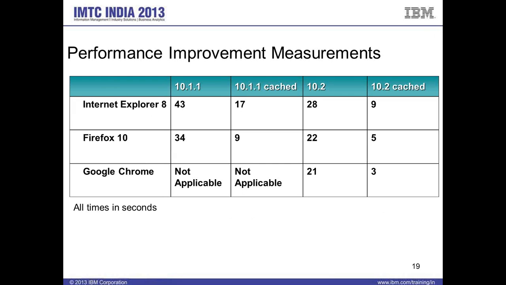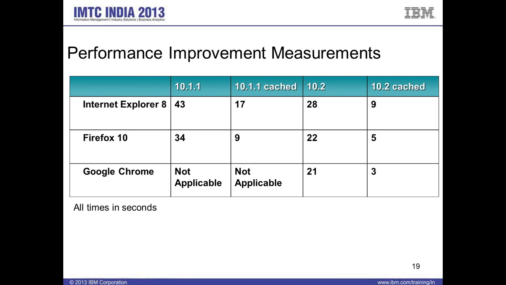So let's see in terms of numbers how Cognos Workspace performs. These are the comparative numbers on multiple browsers, comparing Cognos 10.1.1 Business Insight with 10.2 Cognos Workspace. Here you can see a significant improvement in both modes.